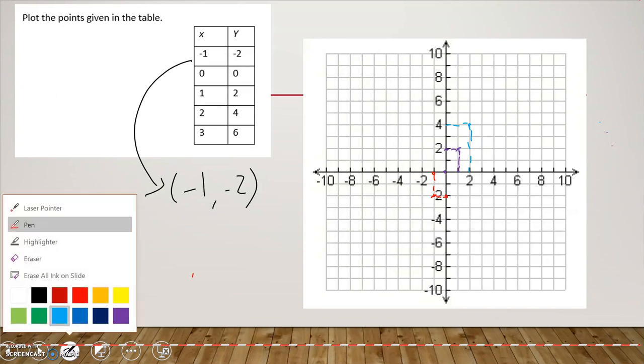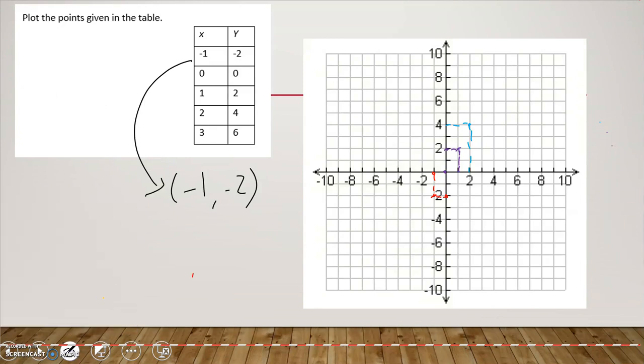My final pair is (3, 6). So I start at x is 3 and I travel vertically on the line. At y is 6, I go horizontally, and where those 2 lines intersect, that is the coordinate (3, 6).